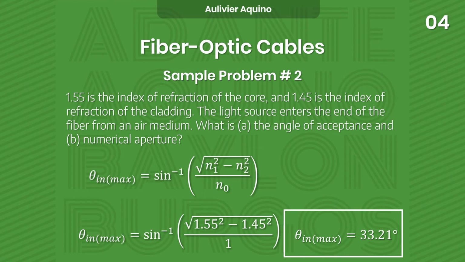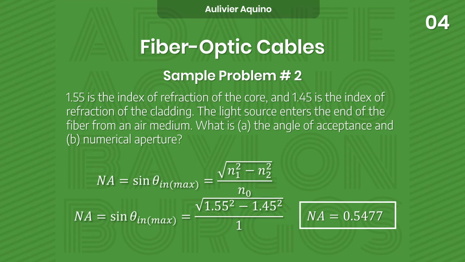It can be computed with theta max equals the inverse sine of the square root of n1 squared minus n2 squared over n0. n1 is the index of refraction of the core, which is 1.55. n2 is the index of refraction of the cladding, which is 1.45. n0 is the index of refraction of the external medium, which is an air medium, and the index of refraction of the air is 1. Substituting the values, we get theta max equals 33.21 degrees.